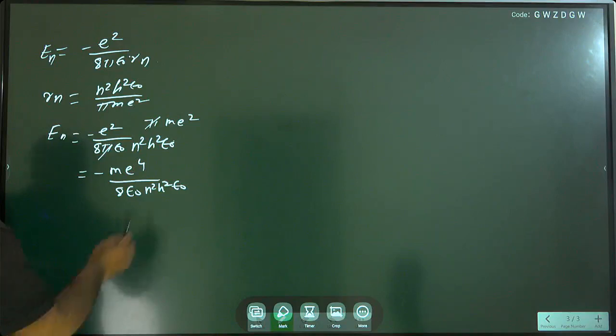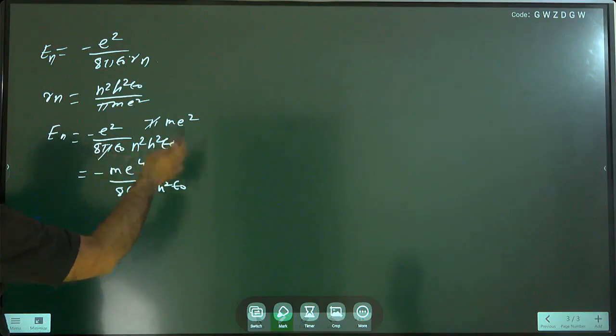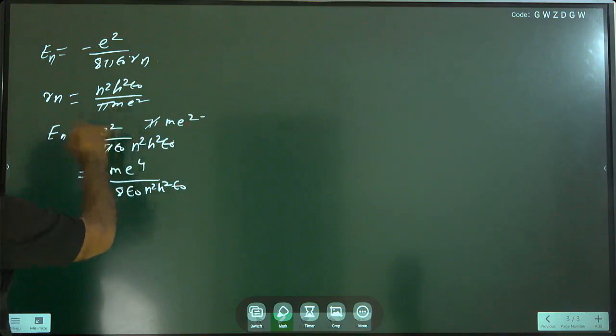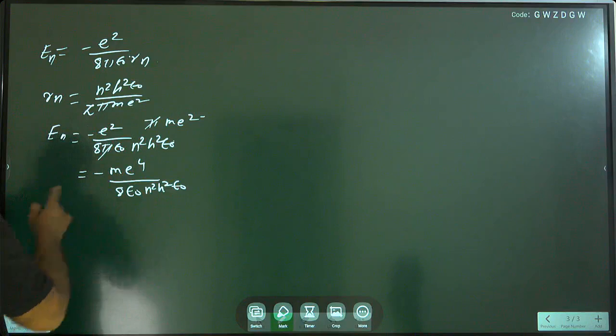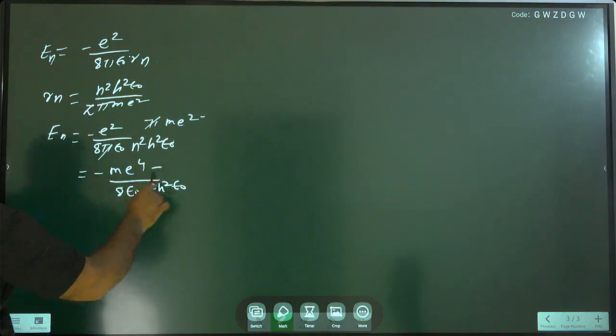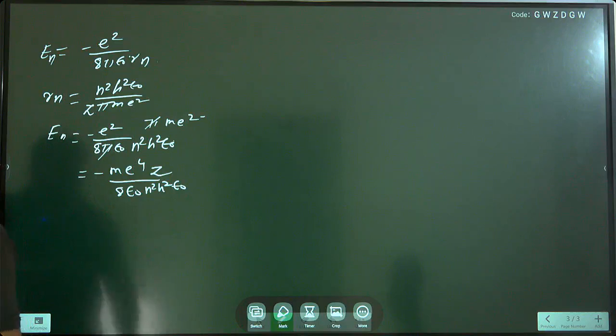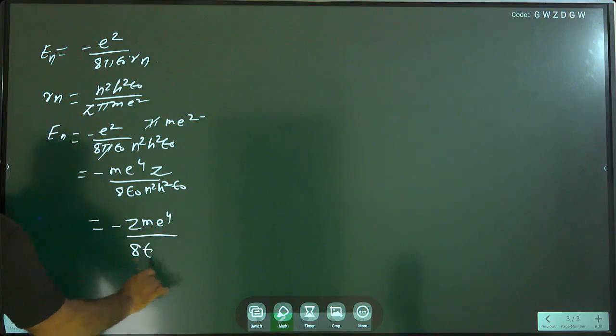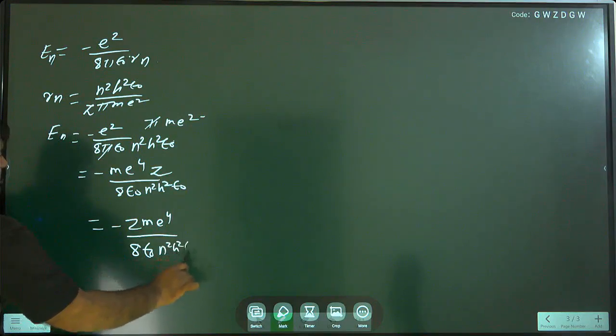Suppose we can find out for any general atom, then we can write Rn is equal to how much? Pi Z m e square. Suppose this one is not a hydrogen atom, at that time we need to take the Z value also. Then Z goes to the numerator. This is equal to how much? Minus Z m e to the power 4 upon 8 epsilon naught n square h square epsilon naught.